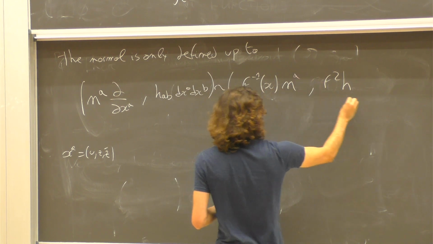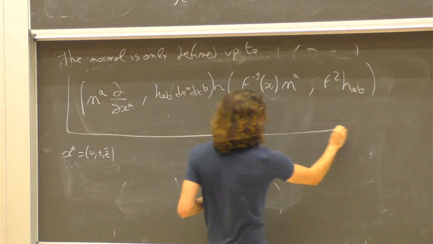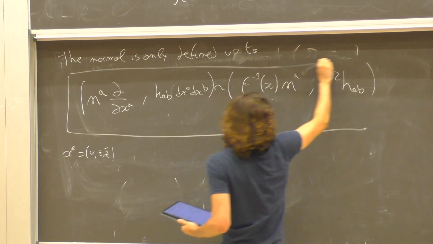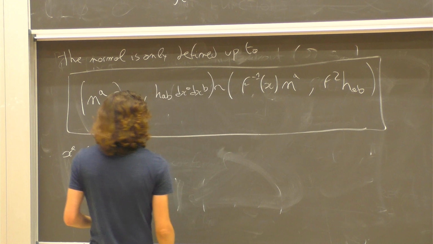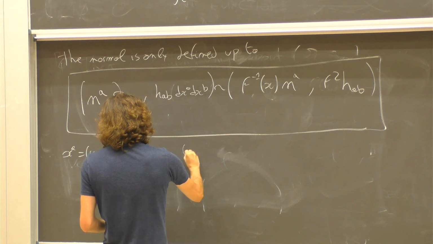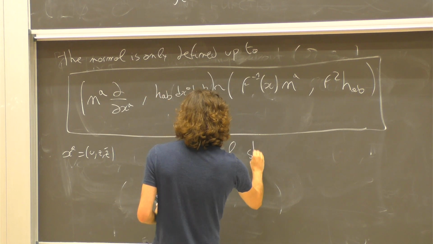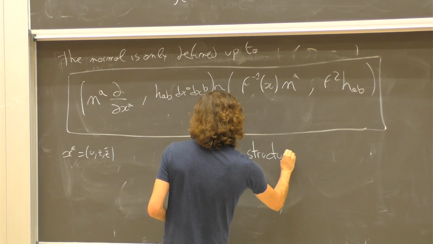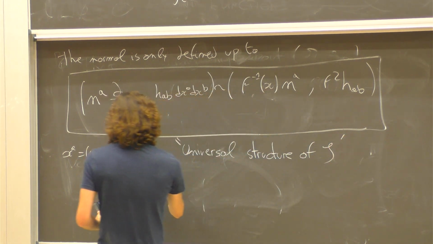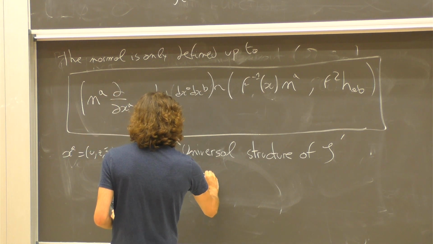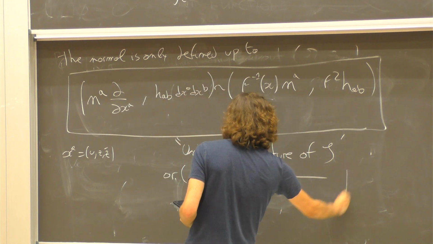So we really have this equivalence class at scri, and this is what in the literature is called the universal structure of scri, or also in some part of the literature you find the term Carrollian structure of scri.